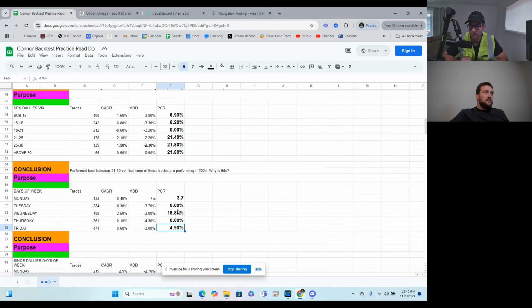So if the VIX is up and we perform well when the VIX is up, but we don't perform well in this data set on Thursdays and Fridays, how would we potentially prove that it actually works to trade on Thursdays and Fridays? Would we have to, and I might be overthinking this one, put it into the backtest assuming the VIX might be down on Thursdays and Fridays and see how it performs?